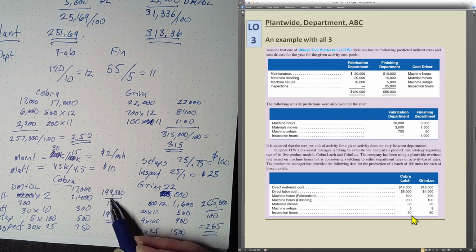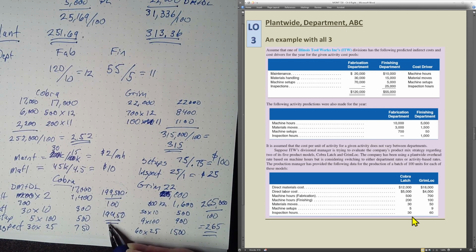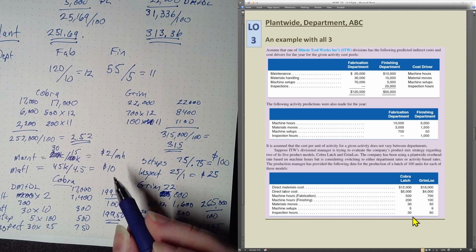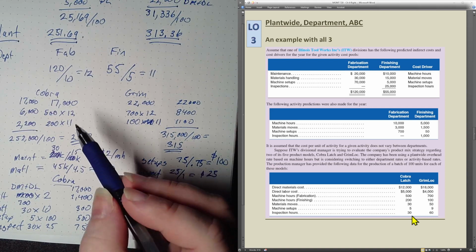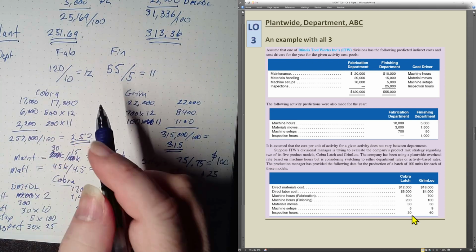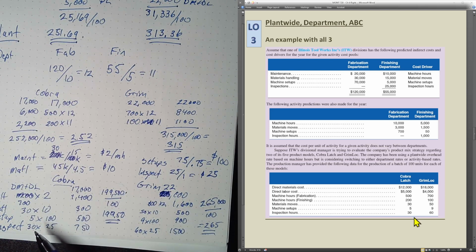We add these all up. It came to $199,500, divided by a batch of 100, says that the cost per unit is $199.50. Now look at how significantly different that is. That's more than $50 different than the plant-wide and the department-wide. And the more activities you evaluate, the more accurate your cost is going to be. So this cost, I don't want to say it's a different cost, it's a more accurate cost.